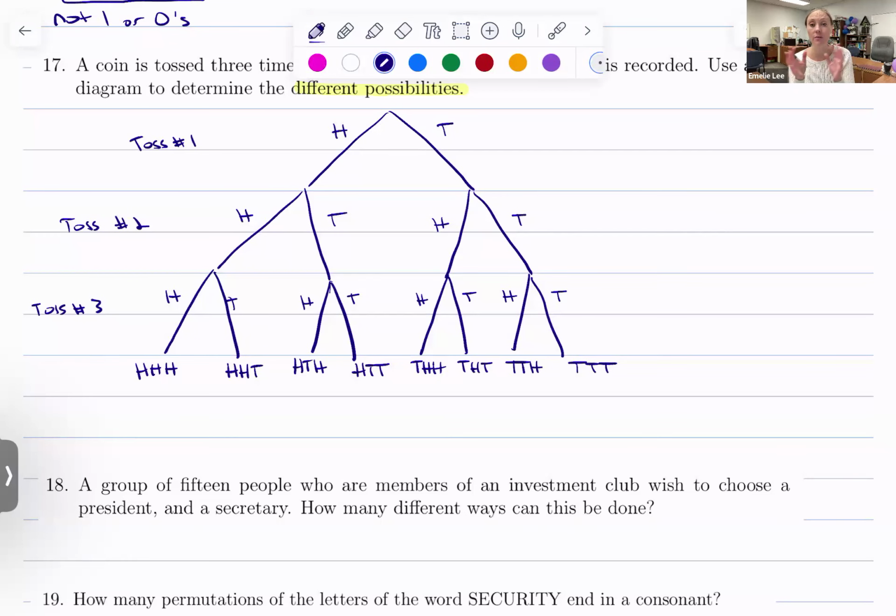And that's fine. You don't have to list them in any fancier way, right? This is the answer.